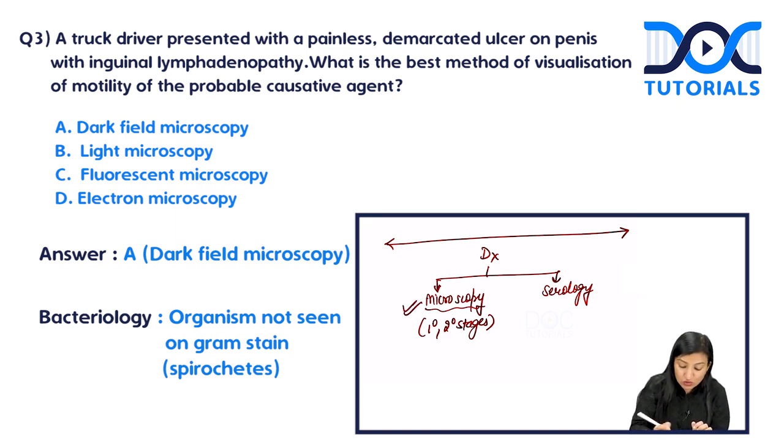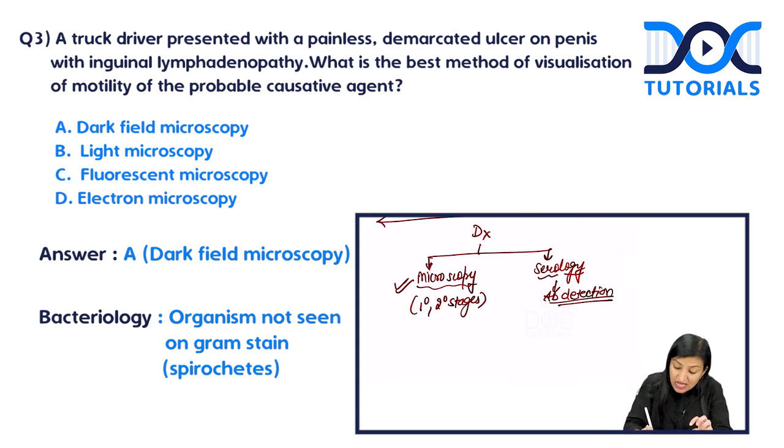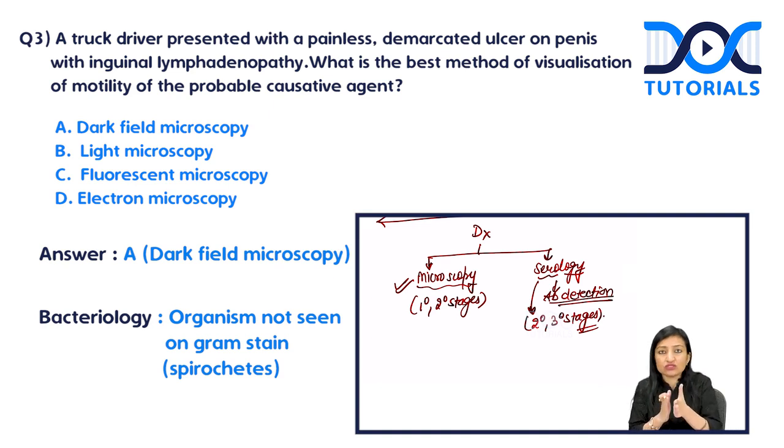Whereas serology, wherein we detect antibody in the patient serum, as far as syphilis serology is concerned, makes more sense in secondary and tertiary stages of the disease. Because in the later stages, when the secondary stage is almost towards the end and the tertiary stage is about to start, we don't expect the organisms to be encountered in the specimens that commonly, whereas antibodies can be expected, right?